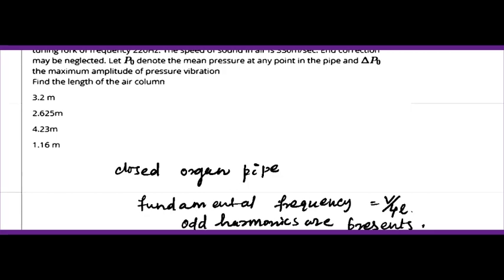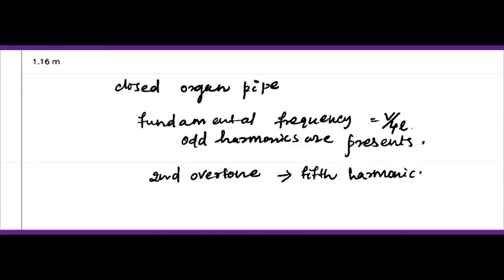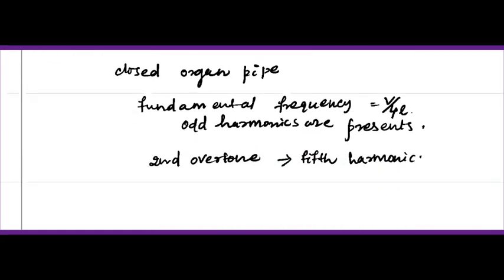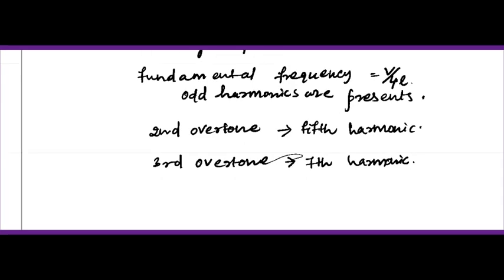If second overtone means fifth harmonic, then third overtone means the seventh harmonic. Because only odd harmonics are present, third overtone means seventh harmonic.